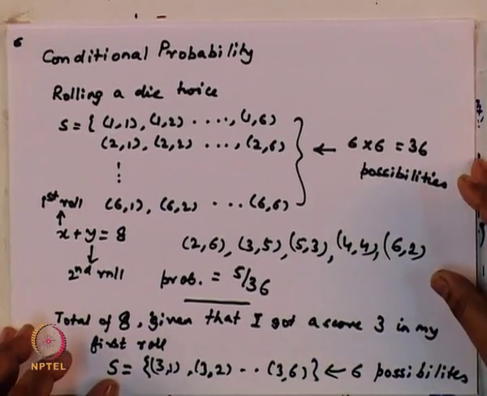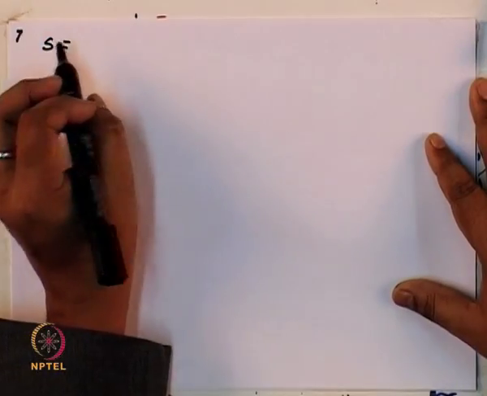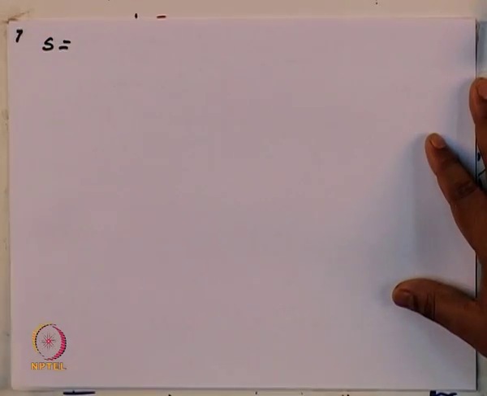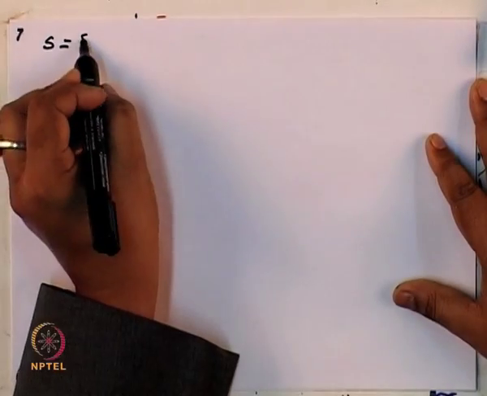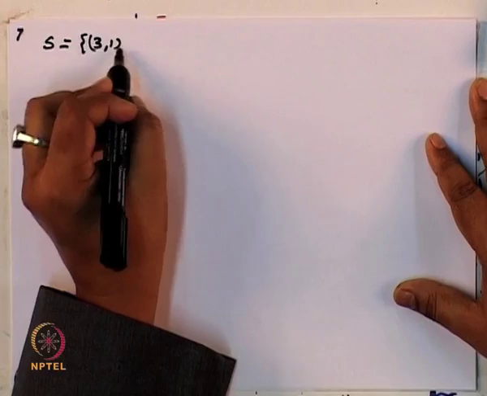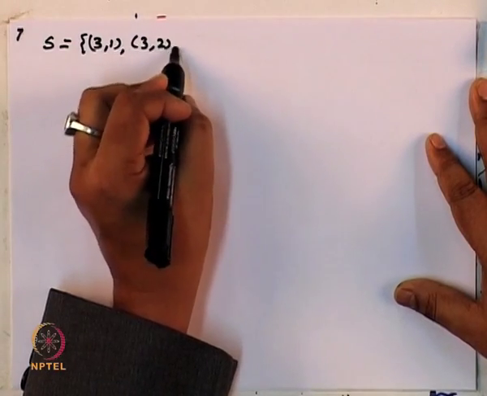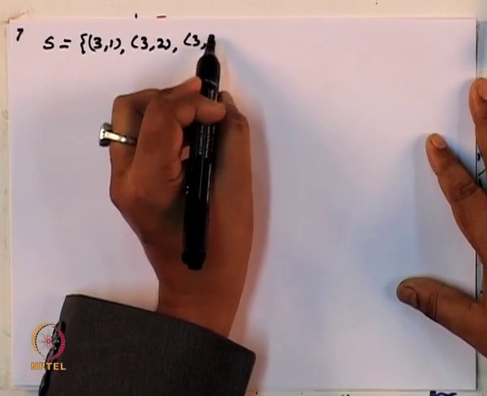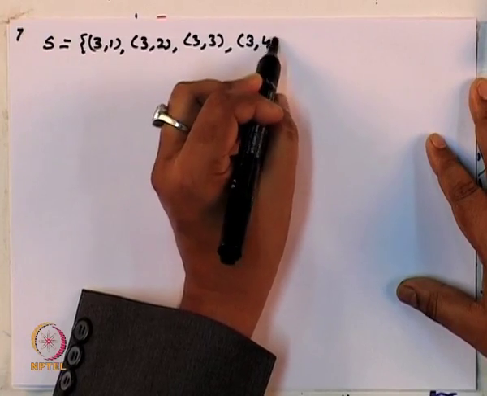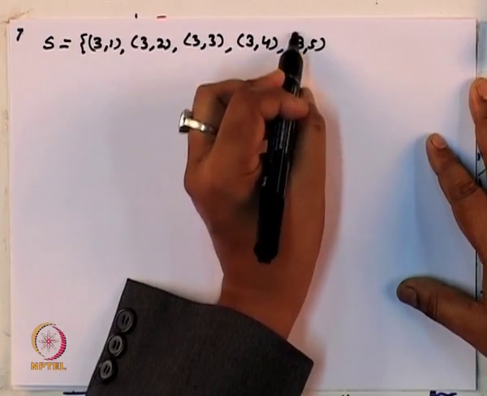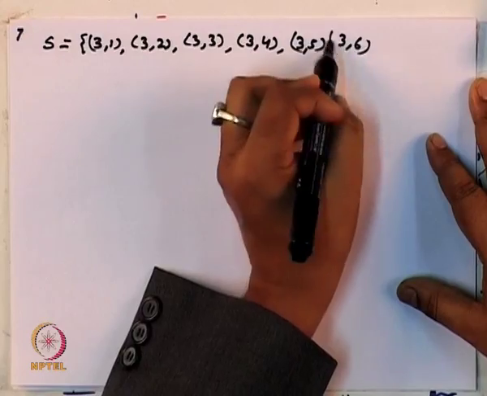Okay. So, my sample space becomes (3, 1), (3, 2), (3, 3), (3, 4), (3, 5) and (3, 6).